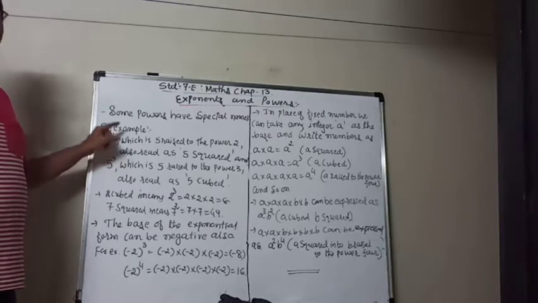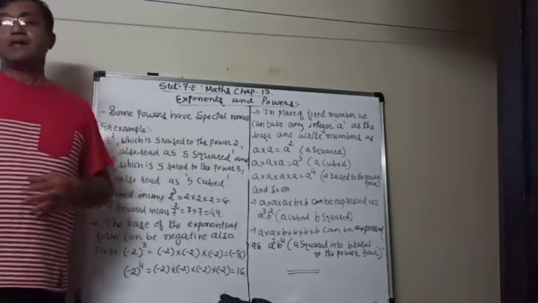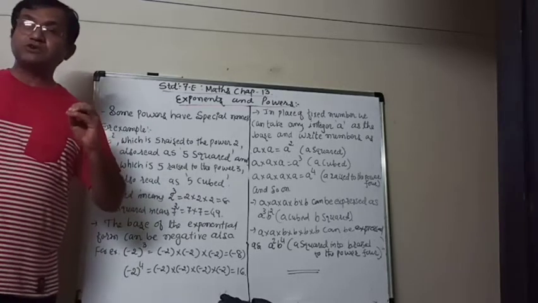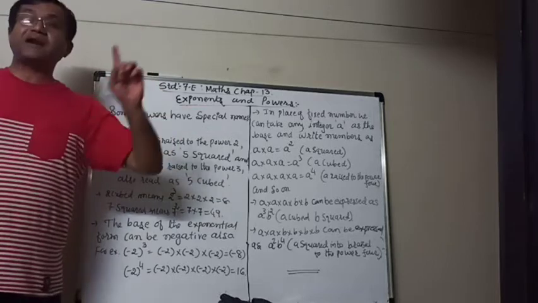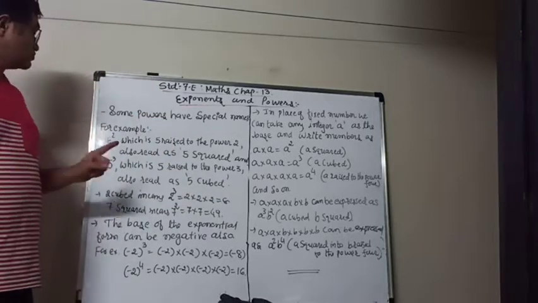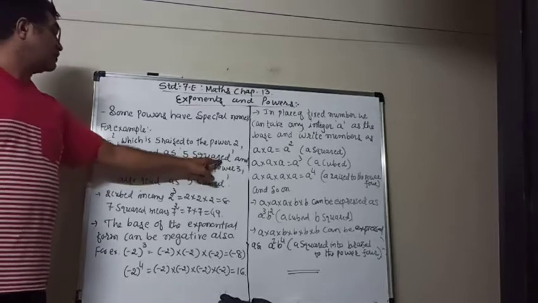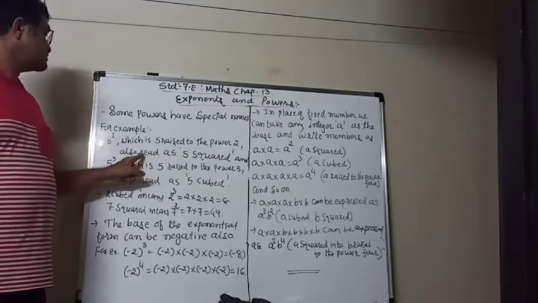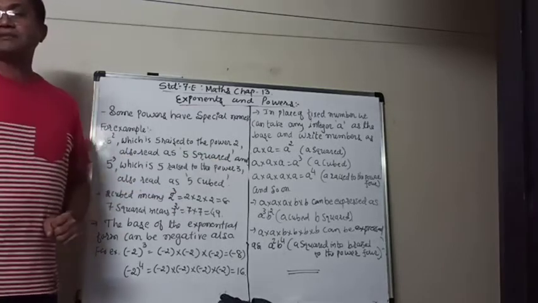We read it as 5 raised to the power 2. But that power 2 can be read as 5 squared also. So power 2 is read as squared. So 5 raised to 2 can be read as 5 squared.